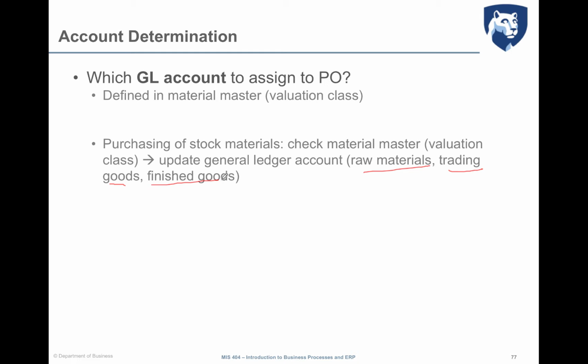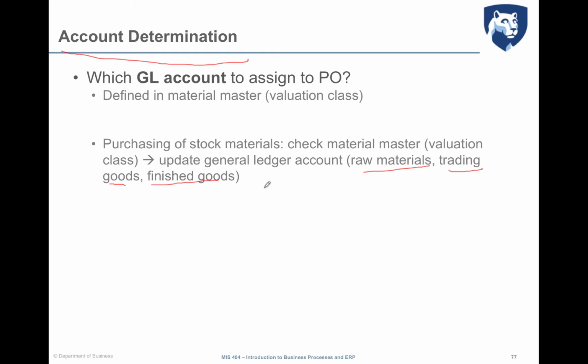For stock materials, for which a material master must be defined, there is the process of account determination. It is the process whereby the system determines which general ledger accounts need to be used in order to register the arrival of this type of material.